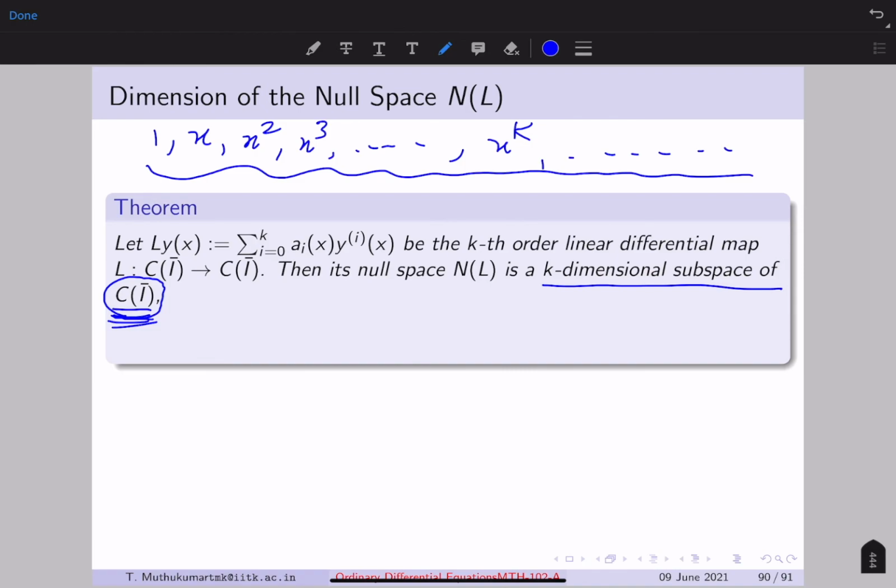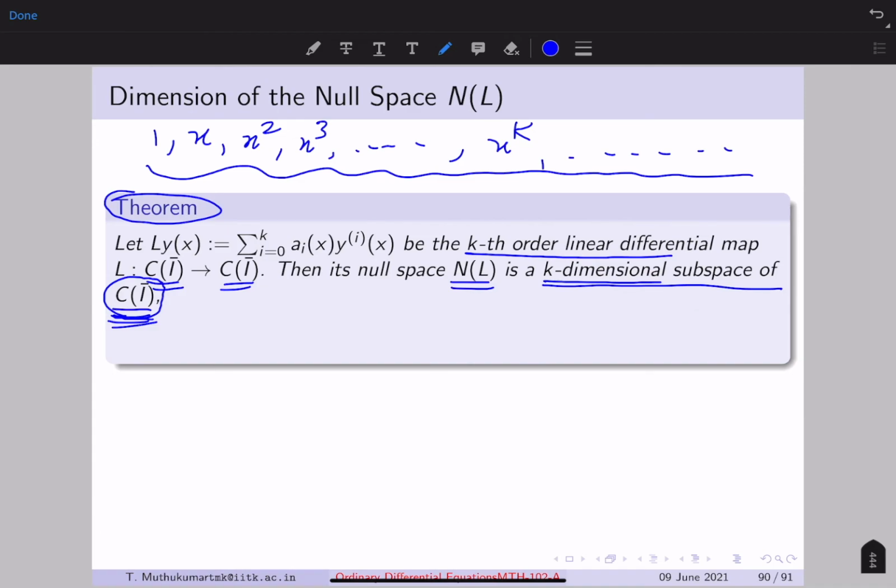The reason this theorem is interesting is that the differential operator is defined on a vector space which is possibly infinite dimensional, whereas the null space is always k dimensional. For a linear operator, the dimension of the null space is the same as the order of the differential operator. If it's a kth order linear differential operator, then the null space is k dimensional.